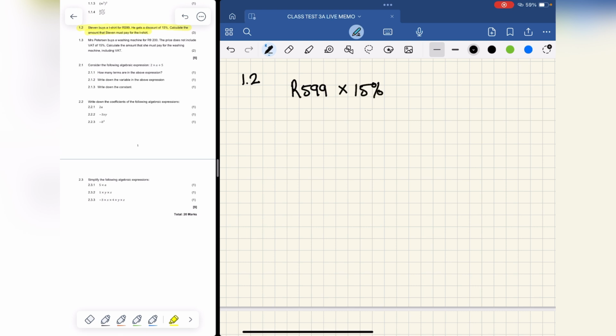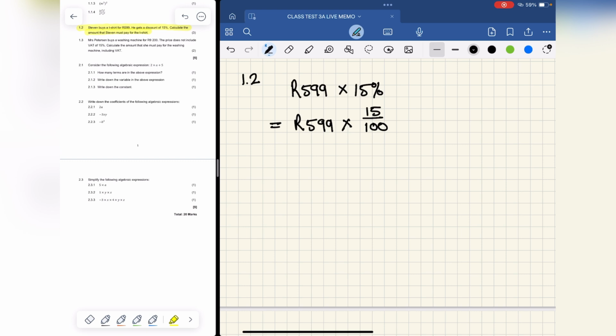But we know, of course, that if we're going to use 15% in the calculation, we want to just write 15% as a fraction. So in other words, 15 over 100. This allows you to do the calculation a lot simpler, even on a calculator.